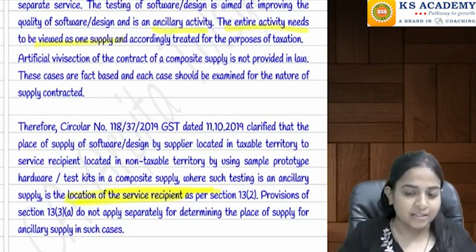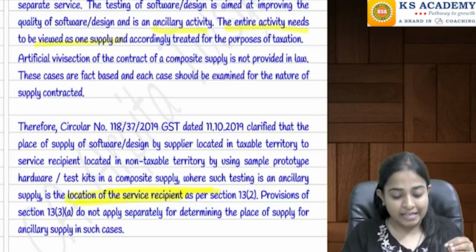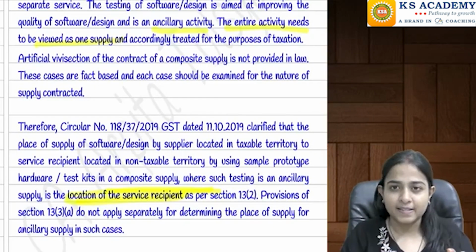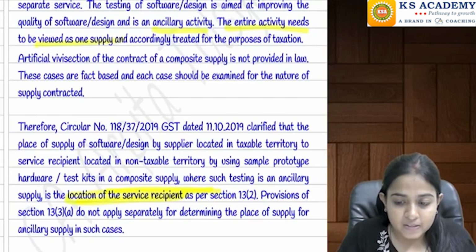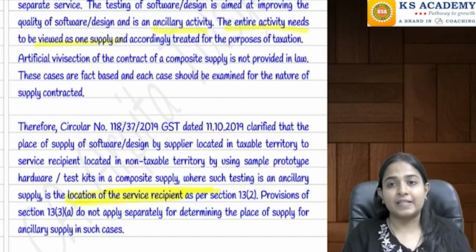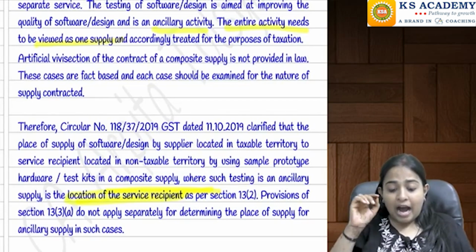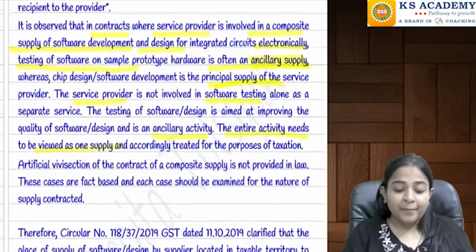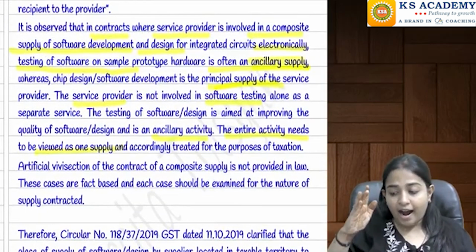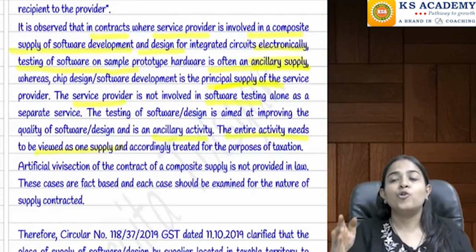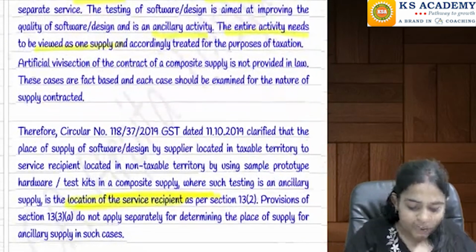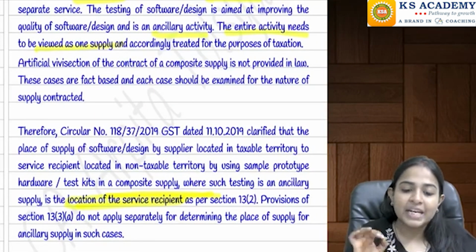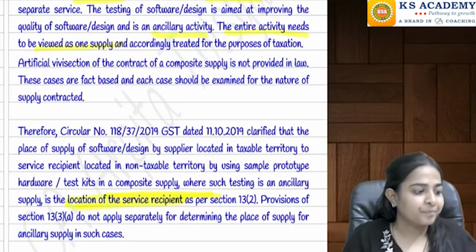I am providing these services, and these services are such that I am not working on any particular goods.